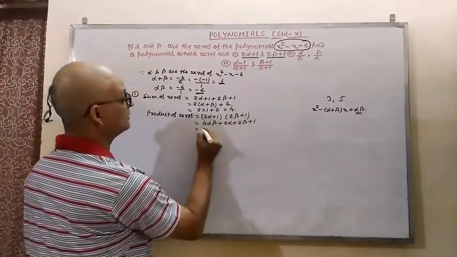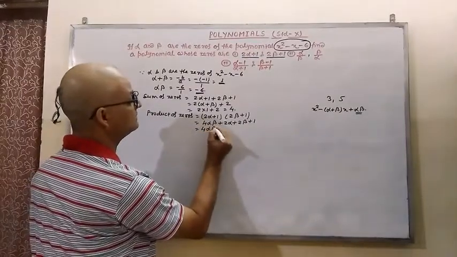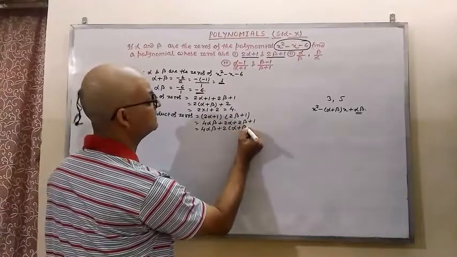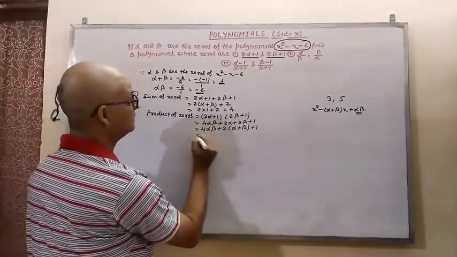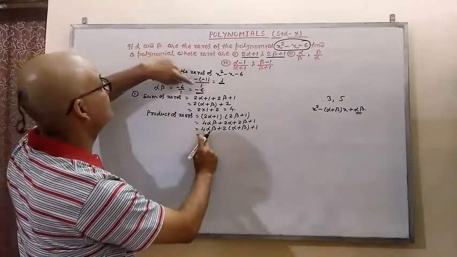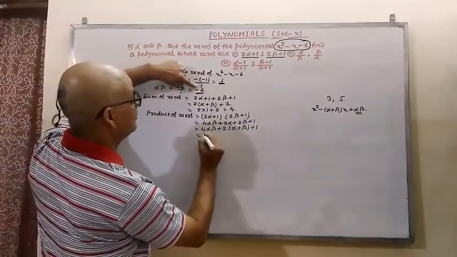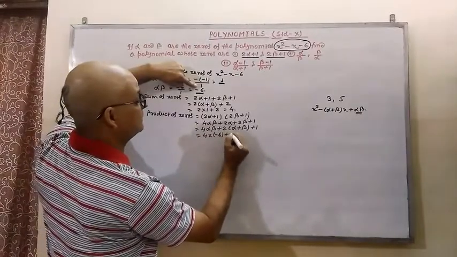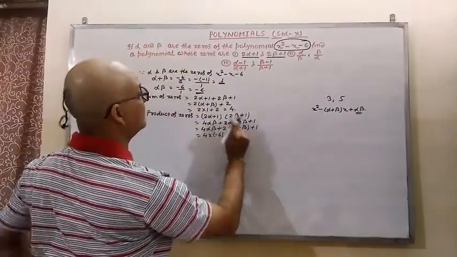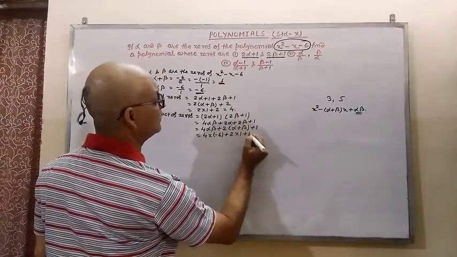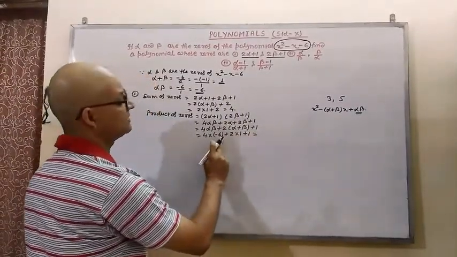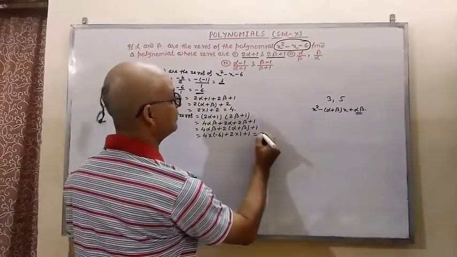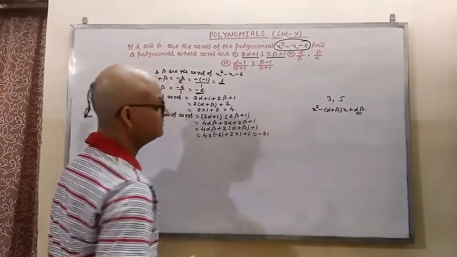So now 4 alpha beta plus 2 common, (alpha plus beta), plus 1. Now 4 alpha beta value is minus 6. So 4 into minus 6 plus 2 into (alpha plus beta, 1) plus 1, that is equal to minus 24 plus 2 plus 1. So 3 minus 24, that is minus 21.